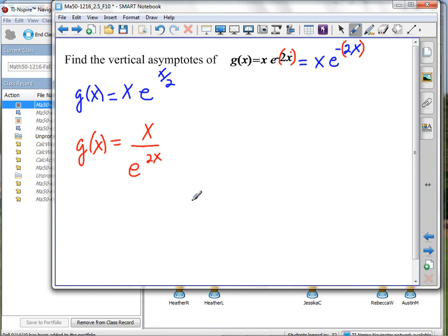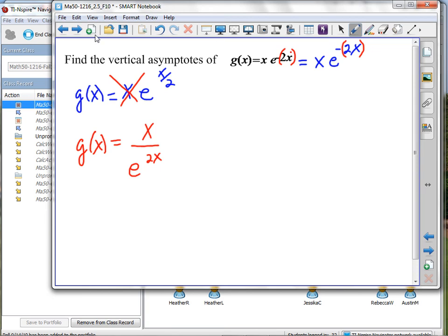Bring it across the fraction line, and you would then not have the negative down there. Yeah, that's a good one. I'll have to go back and check. It could be the solutions manual was wrong, and I just wasn't using my thinking either. But if we have this, now we have to look at vertical asymptotes. So we'll just cross that off because we don't want that after all.